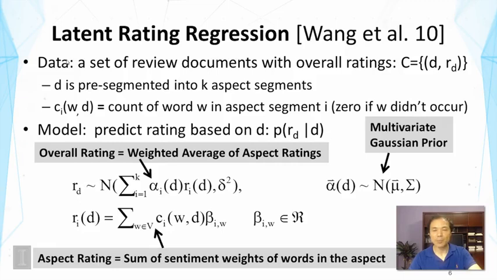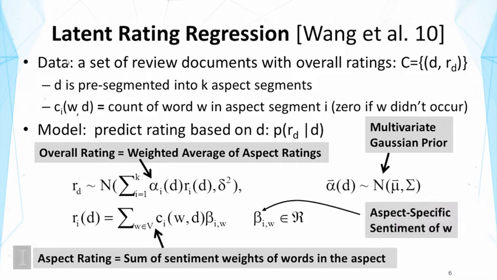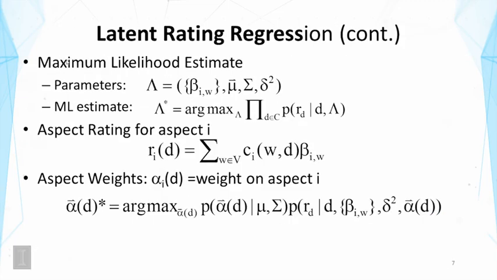It's also useful to see what parameters we have here. Well, I just said that the beta sub I and W gives us an aspect-specific sentiment of W. So obviously that's one of the important parameters. But in general, we have these parameters: the beta values, the delta, and then the mu and sigma. So next, the question is, how can we estimate these parameters?